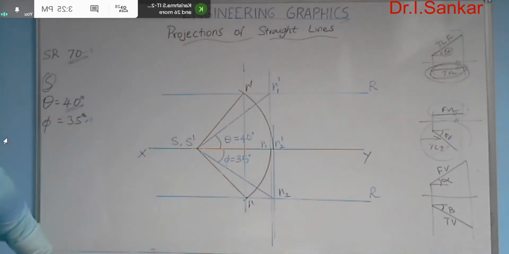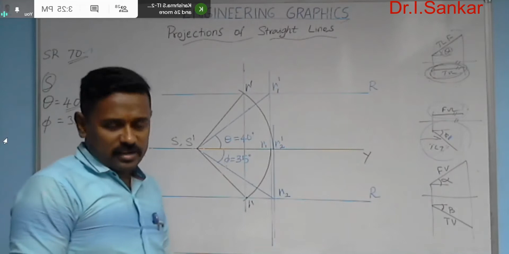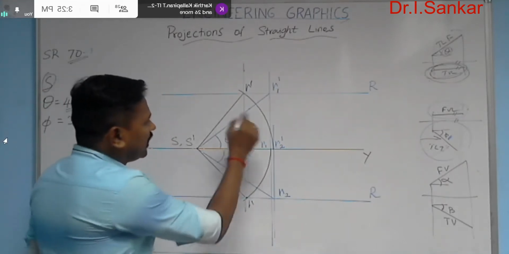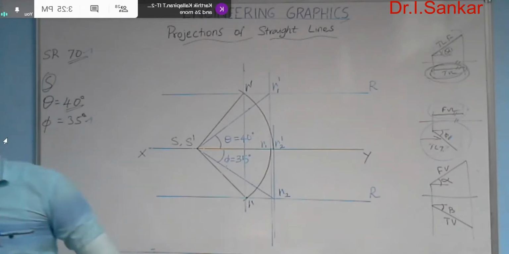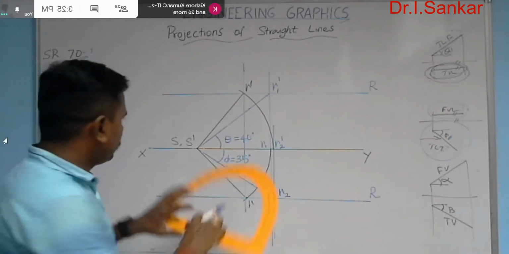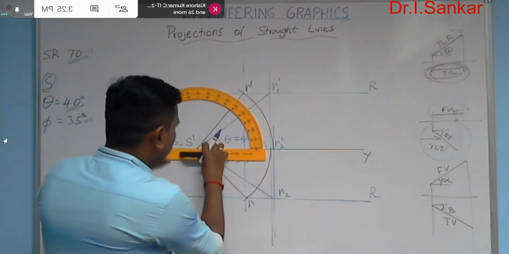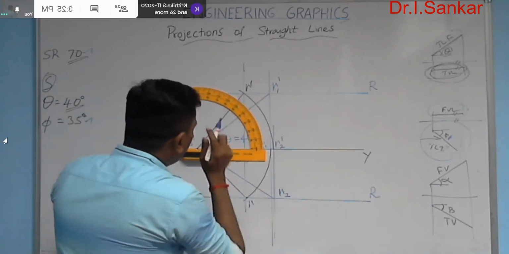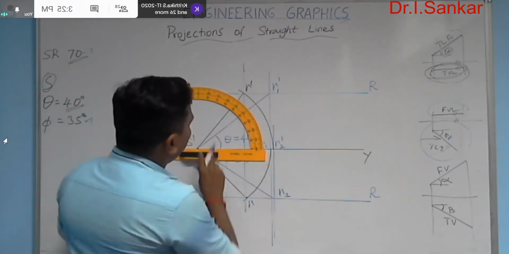So this is nothing but the answer for this problem, and you can measure the angle alpha and beta also. The angle alpha is actually 53 degree for me.